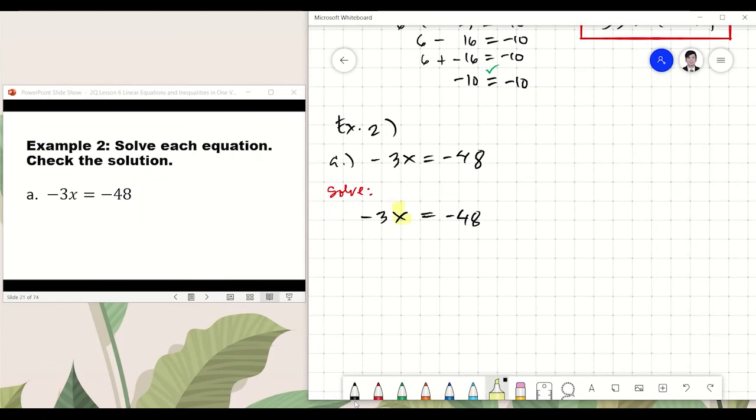Pero yung problema, hindi 1 yung coefficient ng ating x, kundi negative 3. Walang plus or minus sa gitna ng ating negative 3 and x. Therefore, they belong in the same term. So, yung goal natin is magiging 1 yung negative 3 natin sa left side.